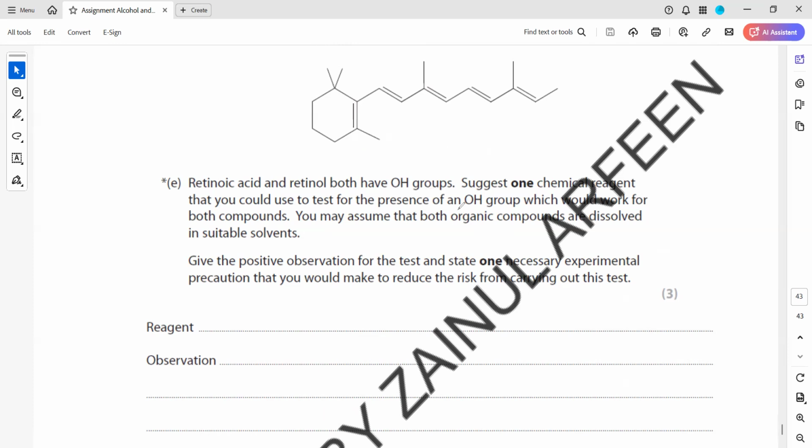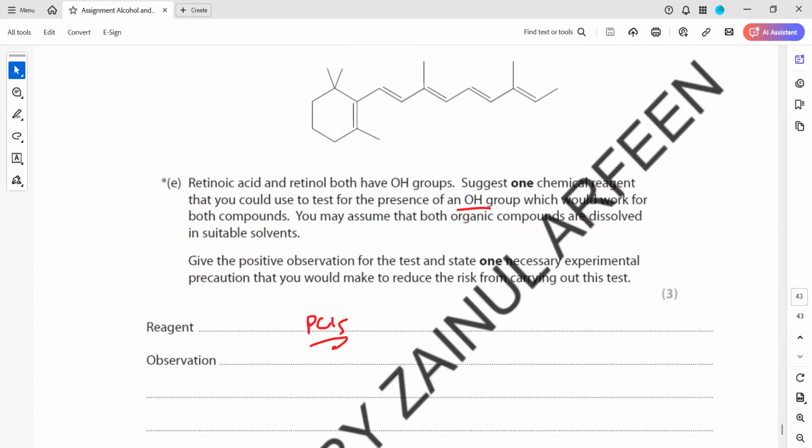For OH, we normally add PCl5, phosphorus pentachloride. The observation will be misty fumes, which is HCl, so we should use a fume cupboard. For a reaction like this, we should always use a fume cupboard. That will be our precaution.